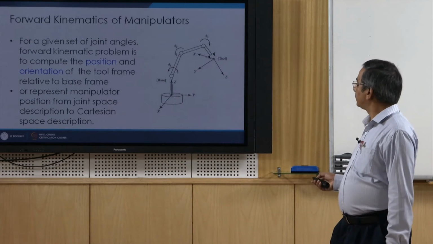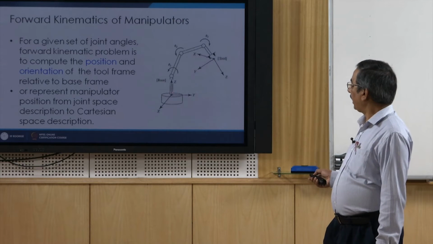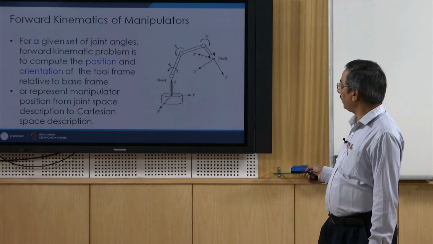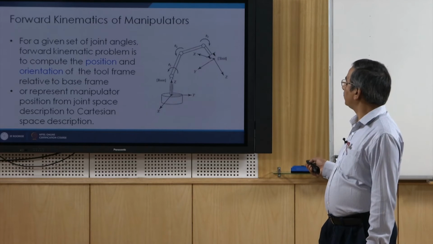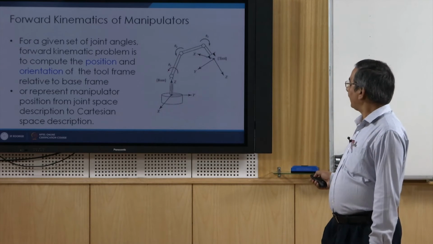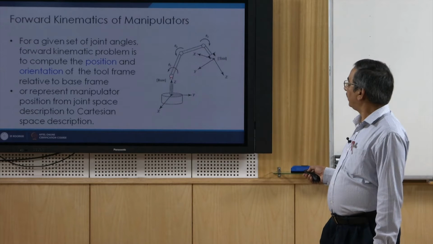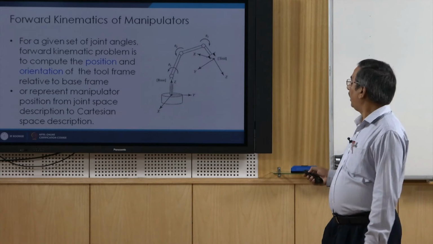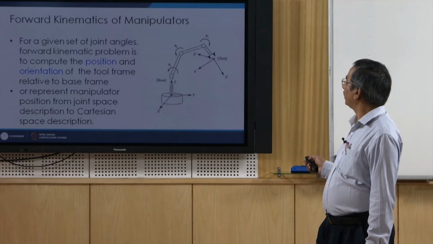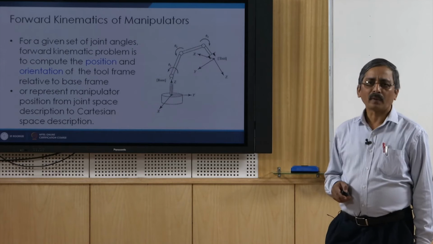Now, as you can see in this figure, this is a manipulator and we have a coordinate system fixed at the base and one coordinate system fixed at the end effector, which we also call the tool coordinate system. Now, you can see that these are the 3 revolute joints and these joint rotations are represented by theta 1, theta 2 and theta 3.